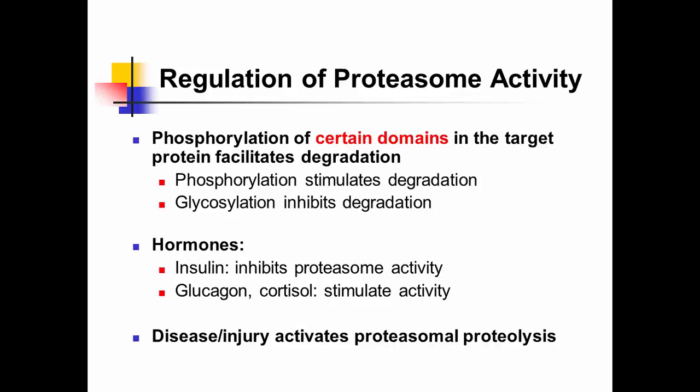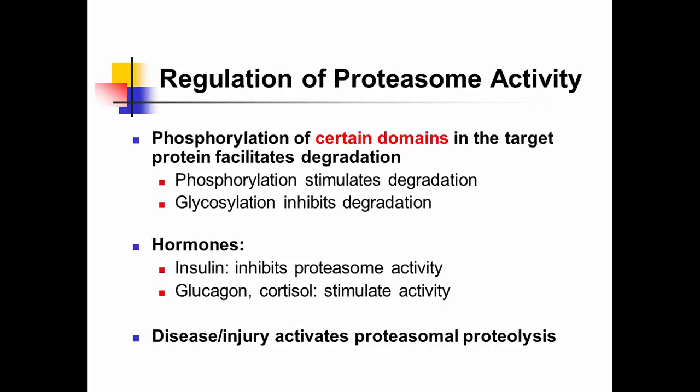And glycosylation, I just mentioned earlier, inhibits degradation. Once the protein gets glycosylated, it becomes resistant to degradation, to protect from the degradation. So degradation can be regulated by phosphorylation and glycosylation. Phosphorylation promotes degradation, and glycosylation inhibits degradation, right?